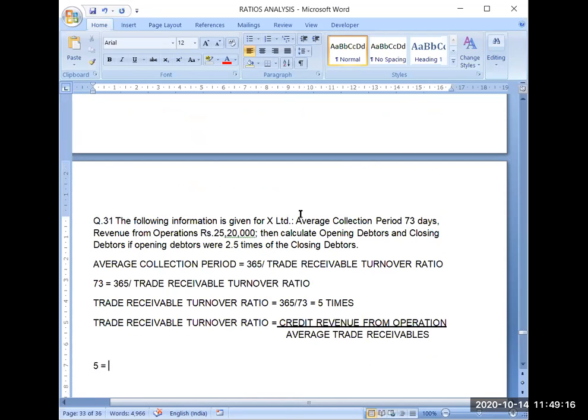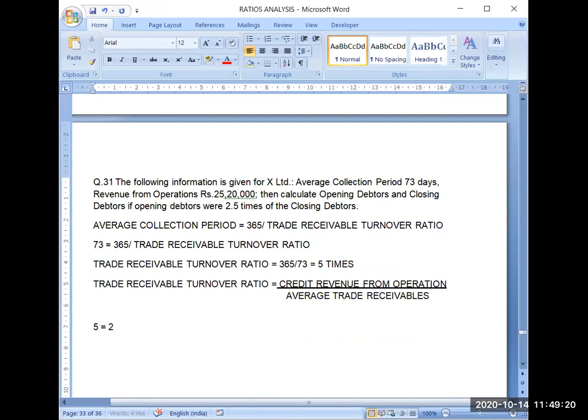Revenue from operation given in the question will become credit revenue from operation. So 25 lakh 20,000 divided by average trade receivables. Same questions we have done yesterday also for inventory turnover ratio. So now I can calculate the value of average trade receivable.